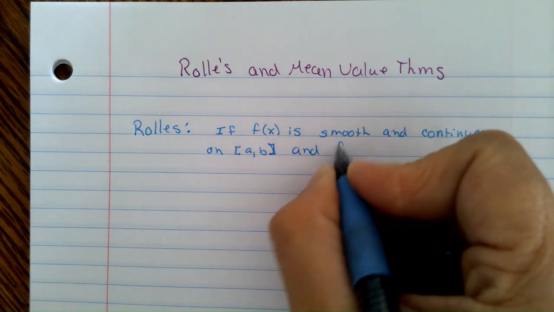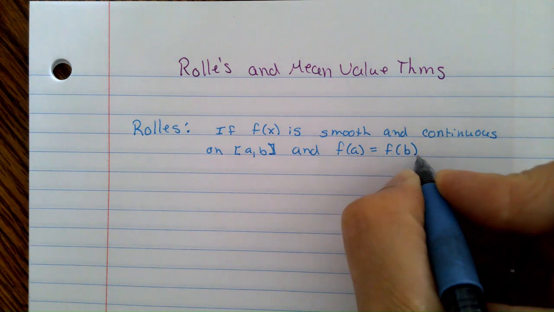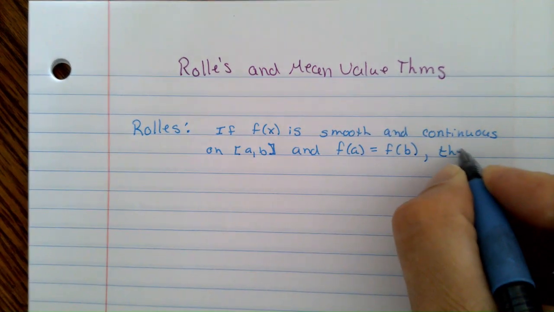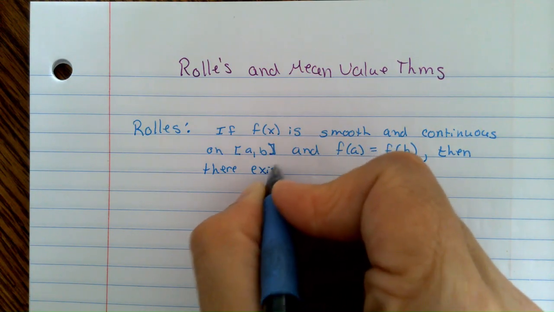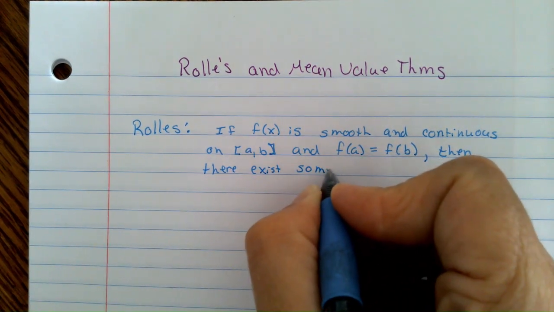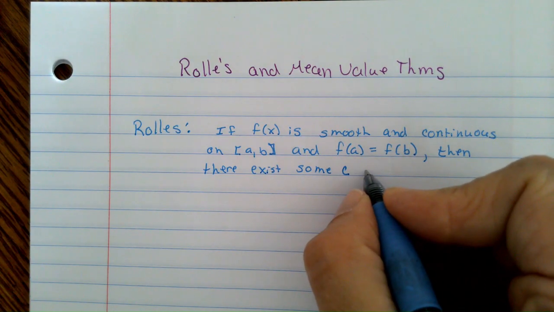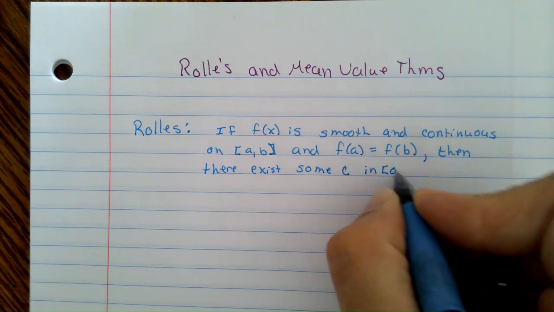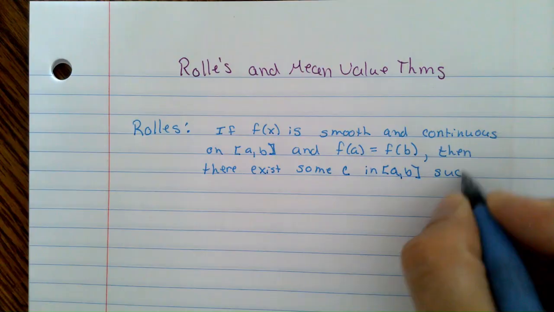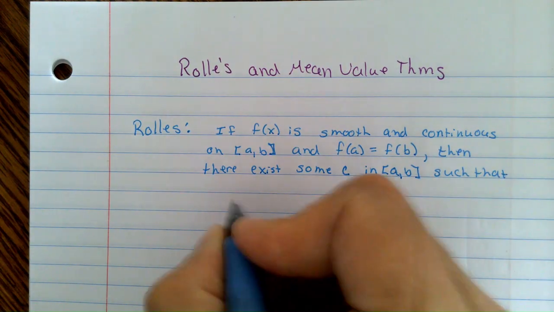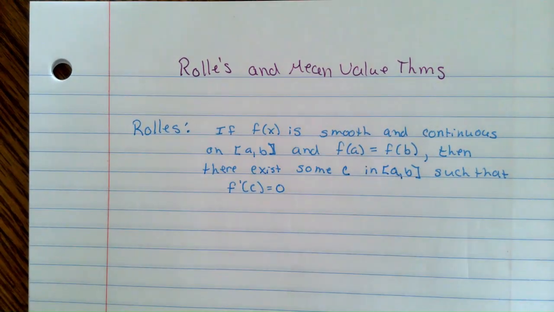And f of A equals f of B. Then there exists some C in AB such that the derivative is equal to 0.